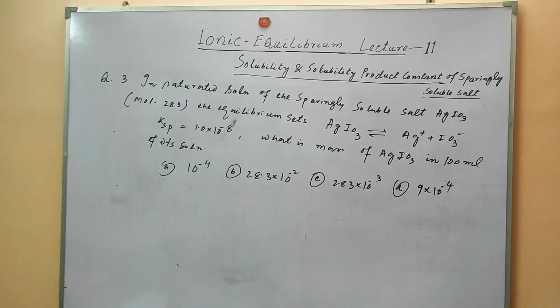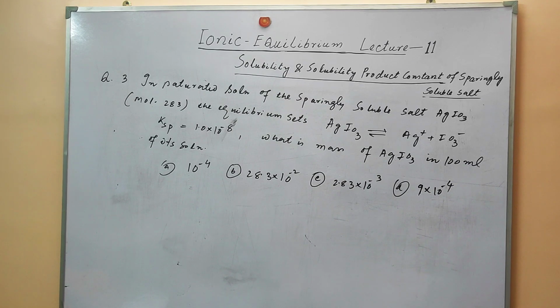This is another very good question: in a saturated solution of the sparingly soluble salt AgIO3, whose molar weight is given as 283, the equilibrium is established in the aqueous solution, and its Ksp is given. You have to find the mass of AgIO3 in 100 milliliters of solution.